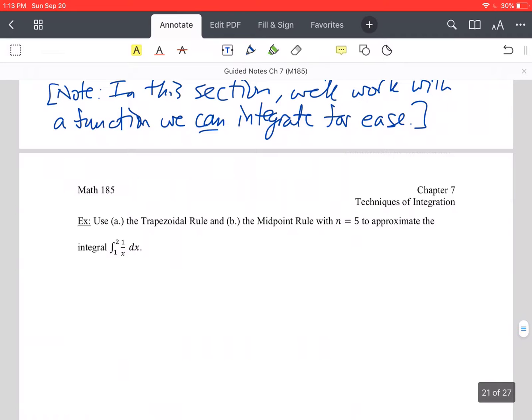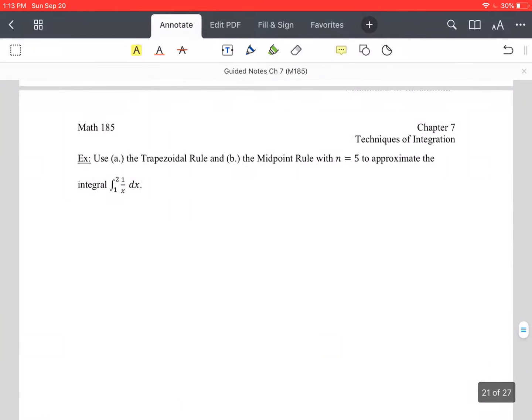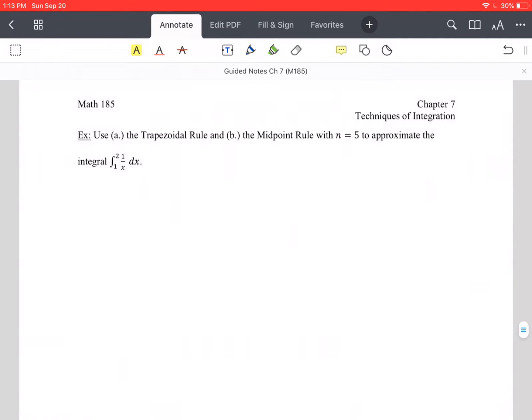Okay, so first up, use the trapezoidal rule and the midpoint rule with n equals 5 to approximate the integral from 1 to 2 of 1 over x dx. Okay, so first up, for the trapezoidal rule, we're using n equals 5.